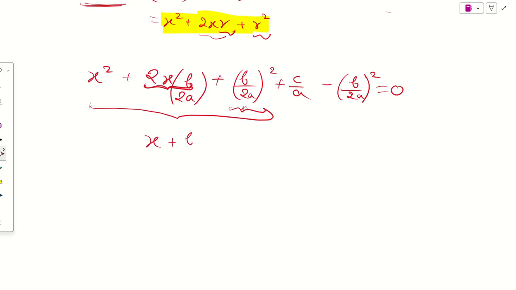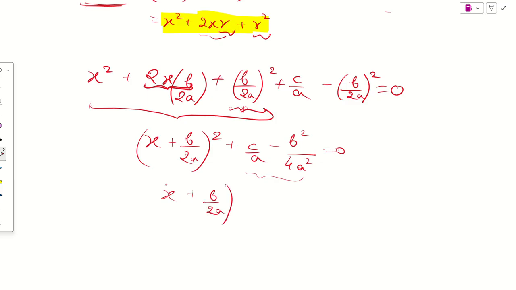The r value is b upon 2a, whole square, plus c upon a. This square can be b square upon 2 into 2, 4a square. If I separate these terms, let's take these terms on the right hand side: b square upon 4a square minus c upon a.